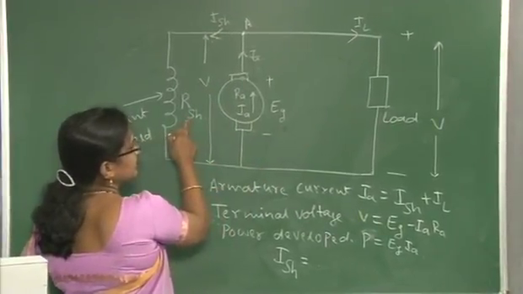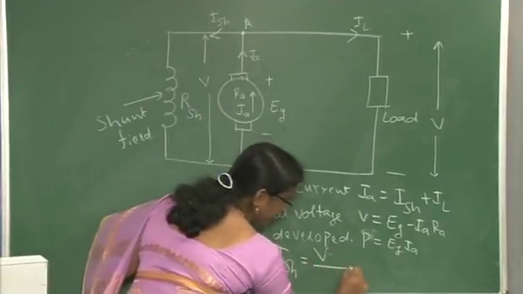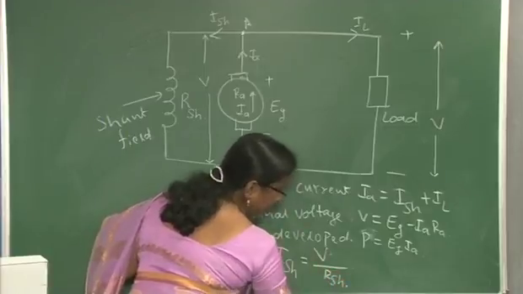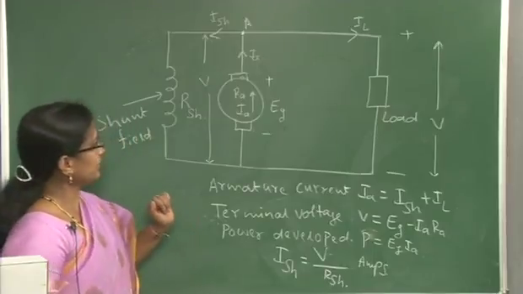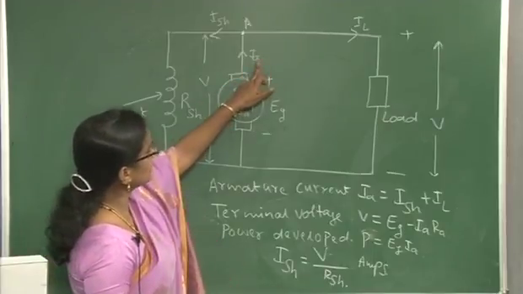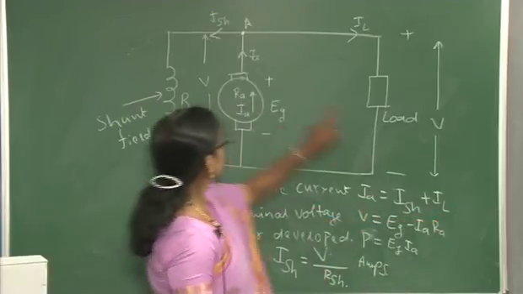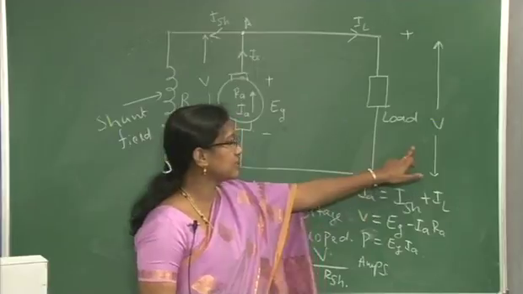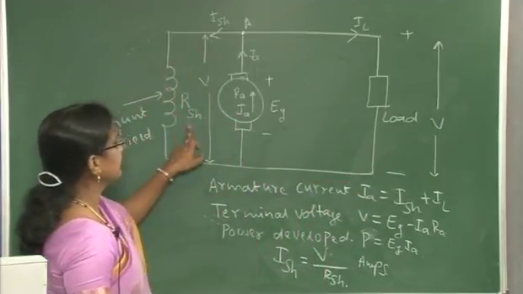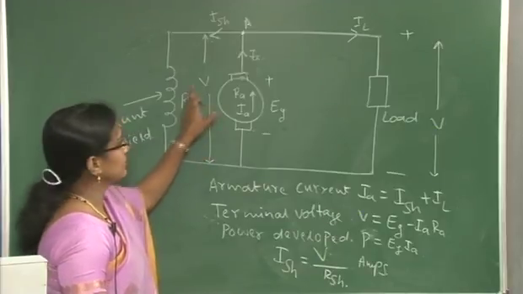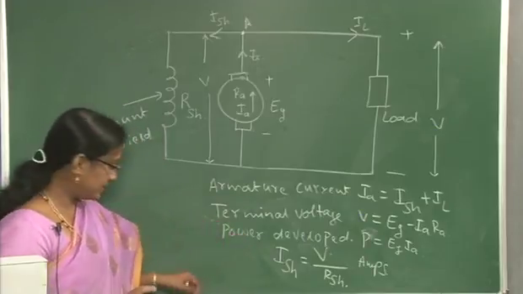You know the resistance of the shunt field, so you can calculate ISH as V divided by RSH. This is in amperes. This is how you get the equation for the armature current, IA is equal to ISH plus IL. So, if you know the voltage across the terminal, you can calculate ISH if you know the value of RSH. These are the required equations for the shunt field DC generator.